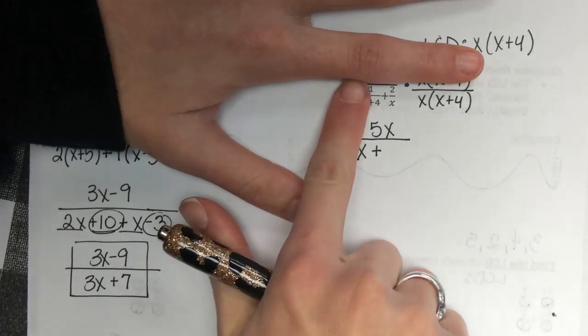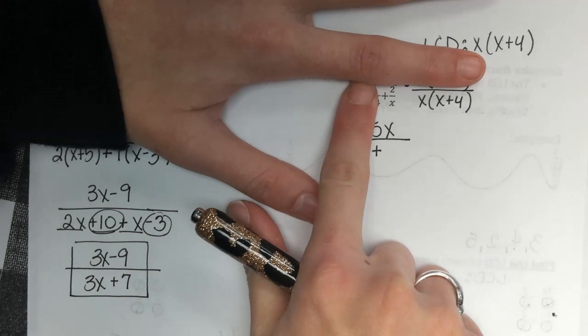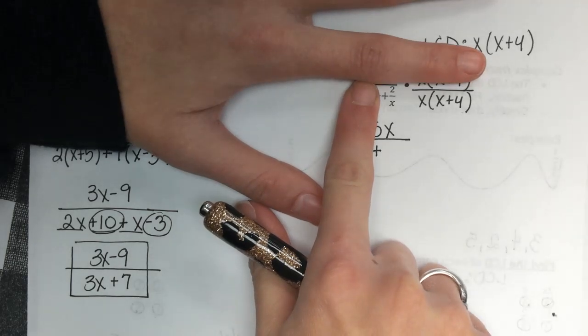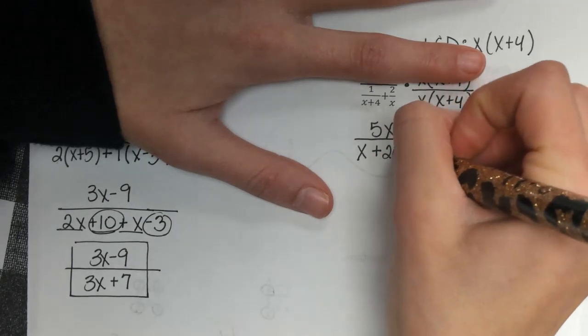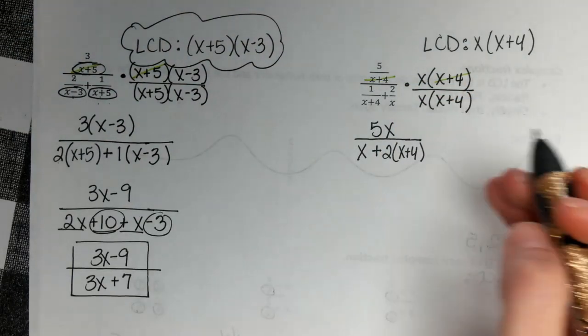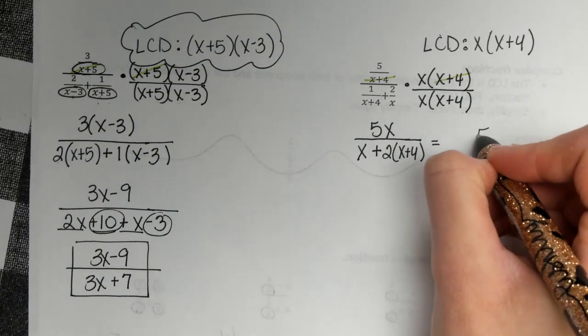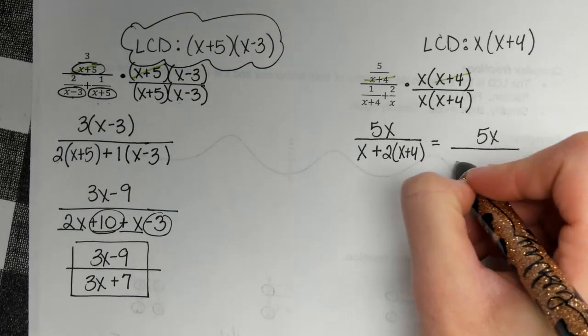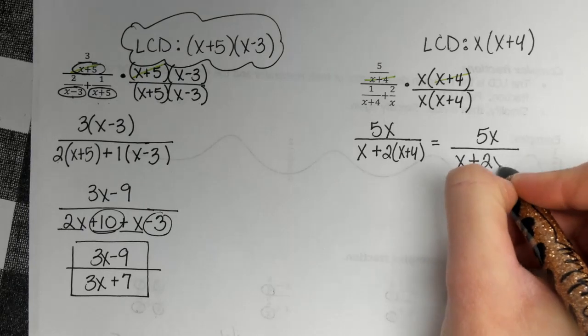Okay, then my second fraction, what am I going to multiply the 2 by? X plus 4. That's what I'm missing. Okay, so that becomes 5x over x plus 2x plus 8.